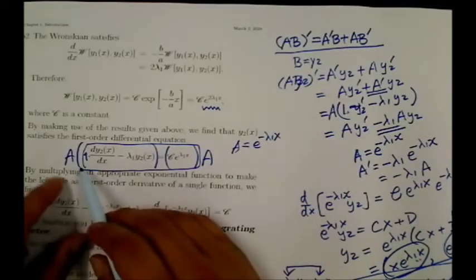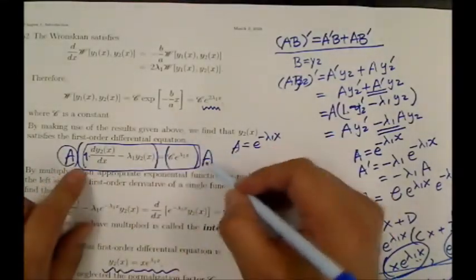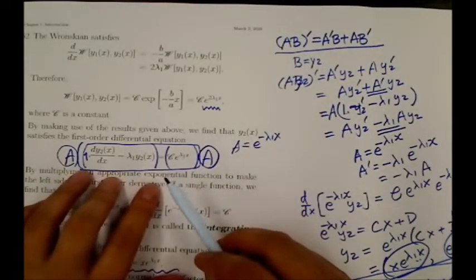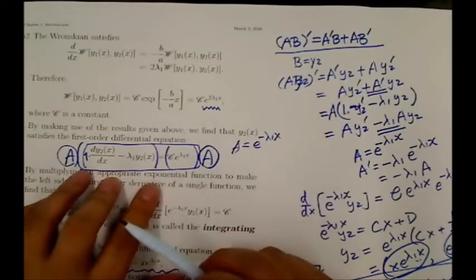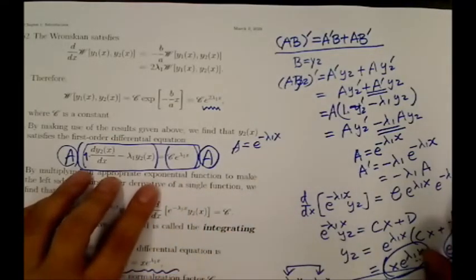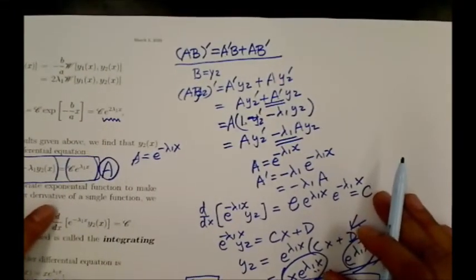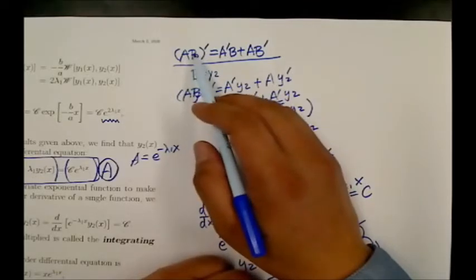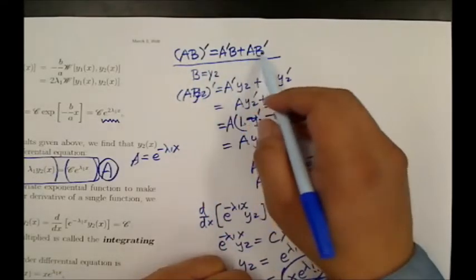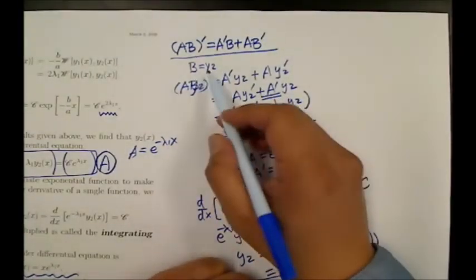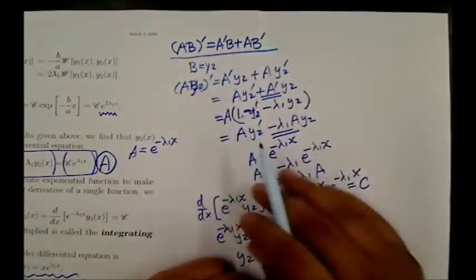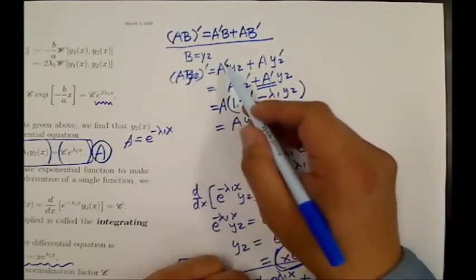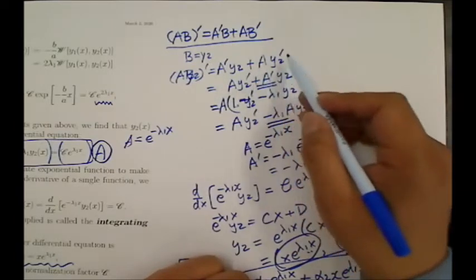And we want to multiply by some factor to make the left-hand side a derivative of a single function. That can be done by making use of this relation. The derivative of a product AB is A prime B plus A B prime. We substitute B with y2, then what I get is A prime y2 plus A y2 prime.